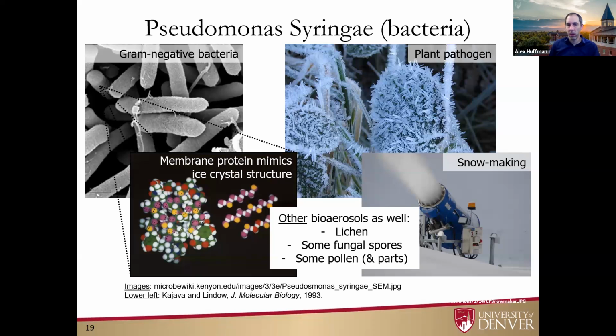The bacteria uses it as it acts as a plant pathogen to crack open the plant so it can get inside and eat, basically. We also use this industrially for snowmaking applications. But more importantly, in the atmosphere, it helps. It's unknown yet to what extent this happens on a global scale or a regional scale to actually affect ice formation and precipitation, but that's the research process of this, to think that it may actually contribute significantly.